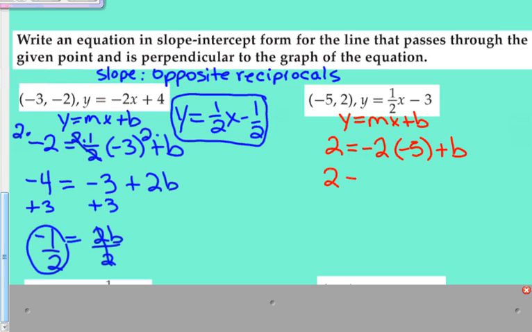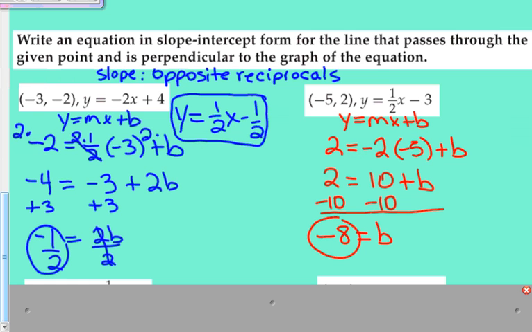That'll be 2 equals +10 plus b. Subtract my 10, and I'll have -8 equals b. Now I'm going to plug that -8 into my new equation. The answer will be then y equals, my perpendicular slope is flipped and opposite, so -2x, and my b is a -8. Once I plug everything in, I can give you a line that's perpendicular to that one.